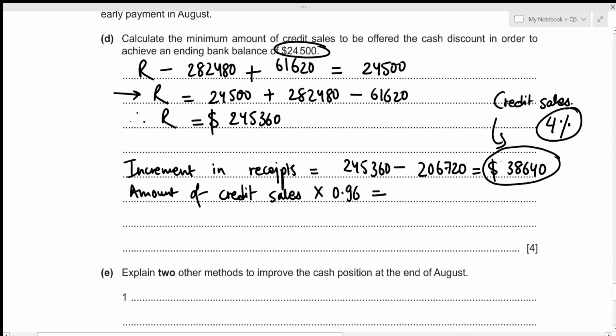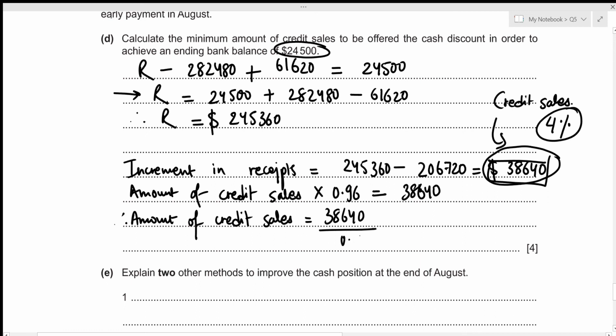And this results in the credit sales payment value of 38,640. Now we can easily figure out the amount of credit sales. So that's going to be 38,640 divided by 0.96. This gives our total amount of credit sales to be offered the cash discount in order to achieve an ending balance of 24,500 to be 38,640 divided by 0.96, which results in 40,250.